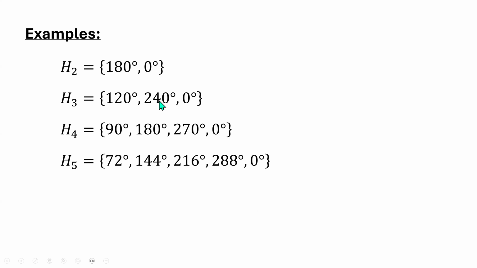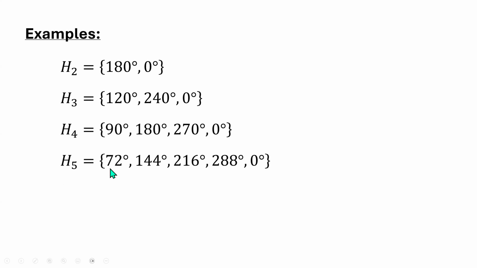And we put everything down in this order, starting with the root harmonic angle and ending with 0 degrees. So for H sub 4, our set of fourth harmonic angles is 90 degrees, 180 degrees, 270 degrees, and then 0 degrees.